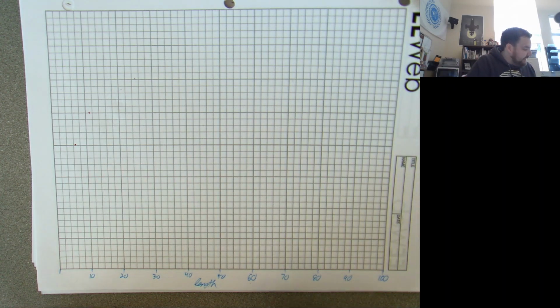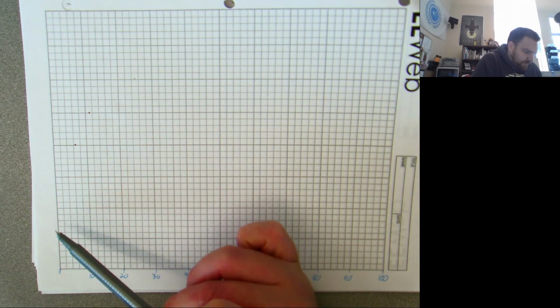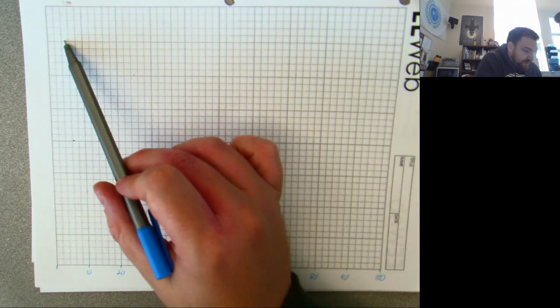And then we need the period to go. The longest period is 1.93 seconds and the shortest period is 0.8. So if we went up to 2, 1, 2, 3, 4, 5, 6, 7, 8, there's 8 of these things.